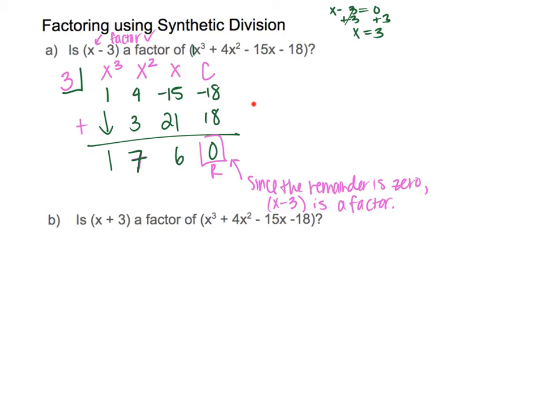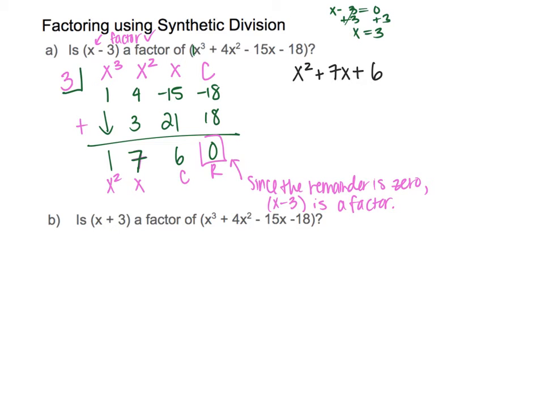So if you wanted to figure out the other factors, what is the equation left over is what we're going to try to figure out next. So this is the constant, x to first, then x squared. So what you really have here is 1x squared, or just x squared, plus 7x, plus 6.